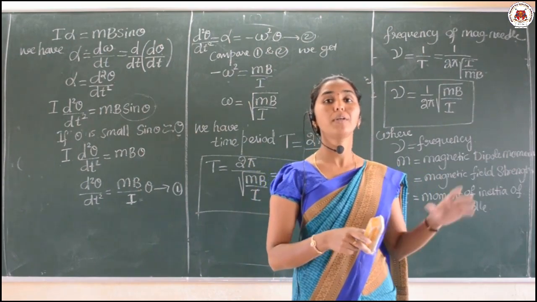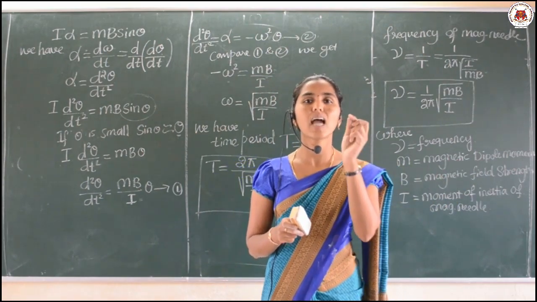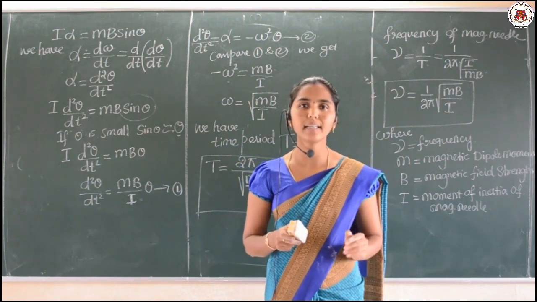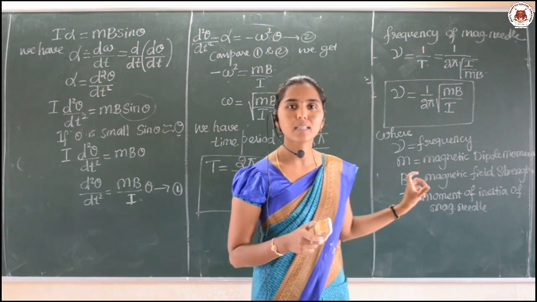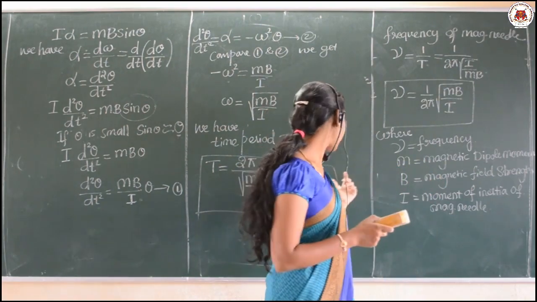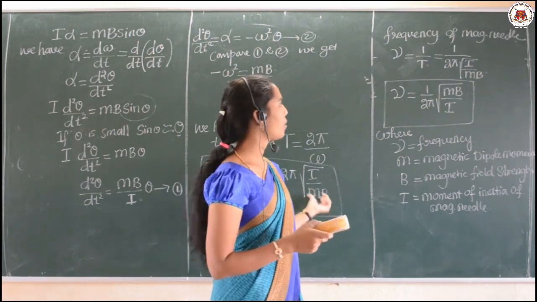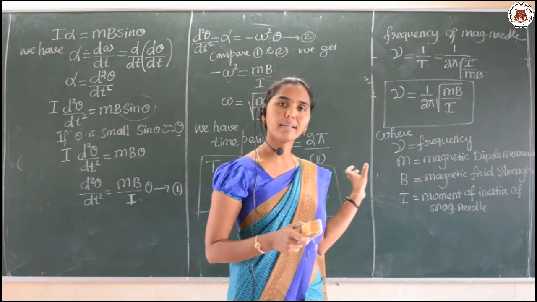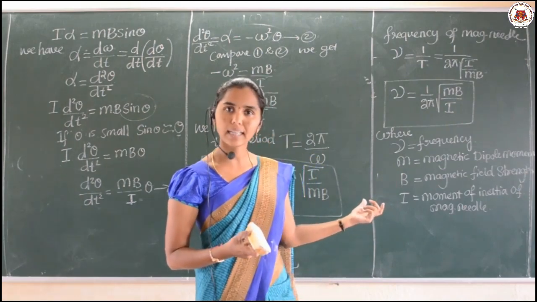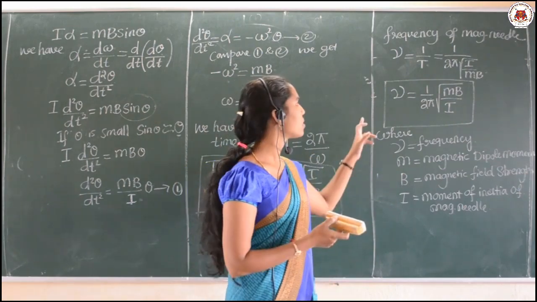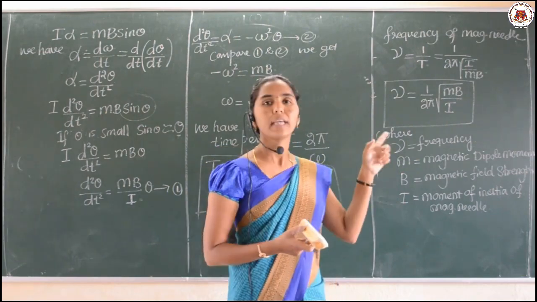And moving to the very important expression, that is the time period of the magnetic needle in the uniform magnetic field, that is T is equal to 2 pi root of I upon MB. Yes, and if you know the time period, definitely you can get the frequency of that magnetic needle in the magnetic field, that is nu is equal to 1 upon 2 pi root of MB by I.